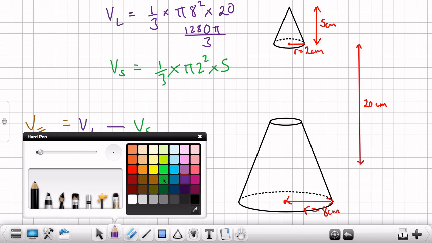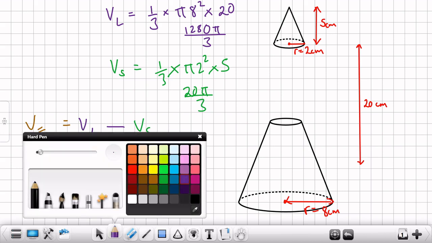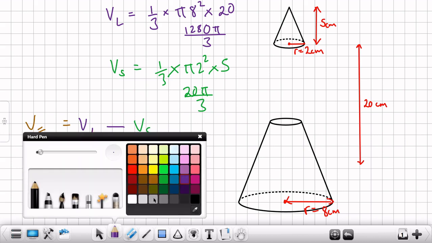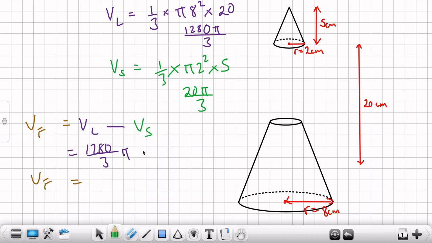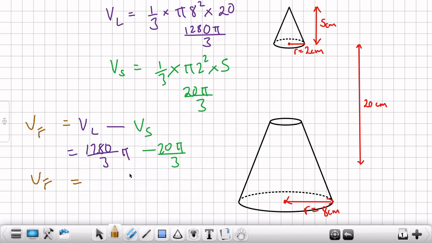Do the same thing for the smaller cone. Got 2 squared is 4, 4 times 5 is 20. That's going to be 20 pi over 3. So here, V large is, and for the small one, now this is basic fraction work.